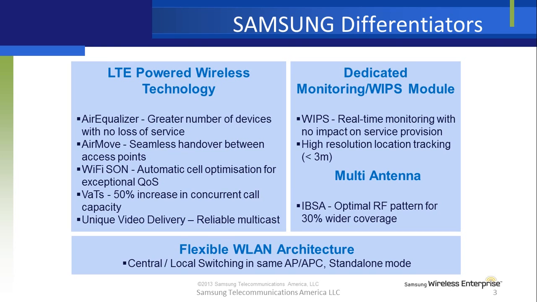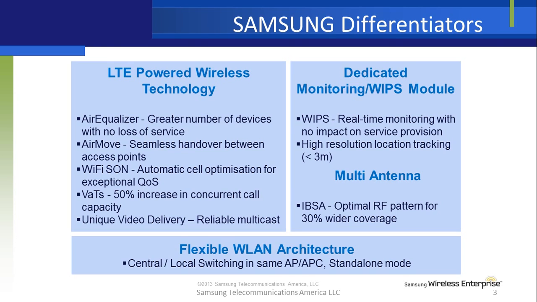There's a saying that not all WAPs are equal. One of the major distinguishing factors of every competitor out there is how they do air equalization, or how they manage an environment where there are so many devices, and it's a hybrid mix of devices that comes into a wireless LAN space. How well the access points handle this kind of an environment.